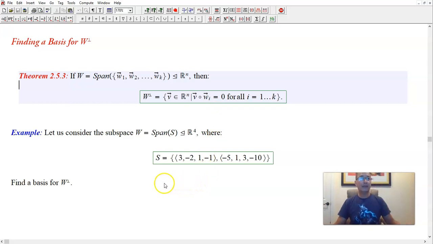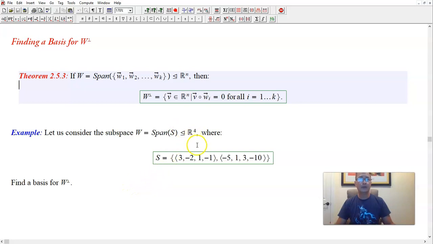Okay, so let's apply that to this example. We have this subspace W from R4. And it looks like these two vectors, which span W, are not parallel. So they are a basis for W. W is two-dimensional. We want to find a basis for W perp.